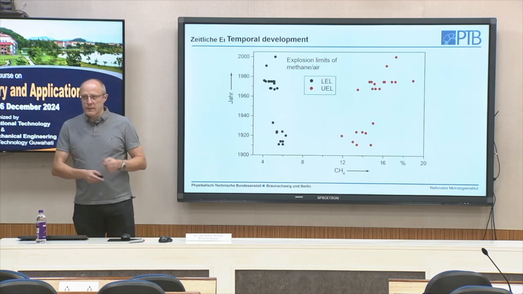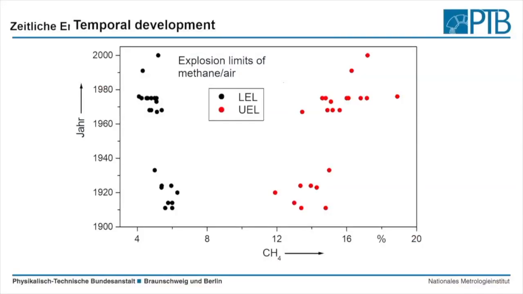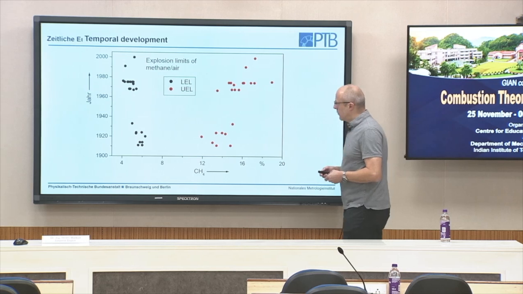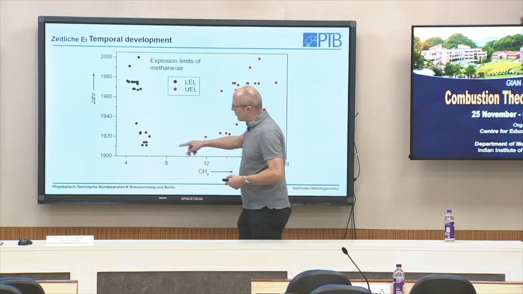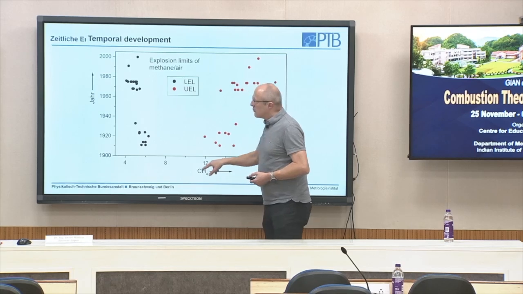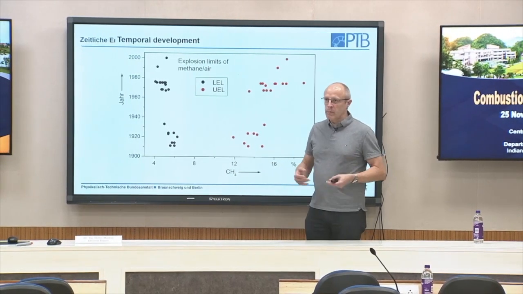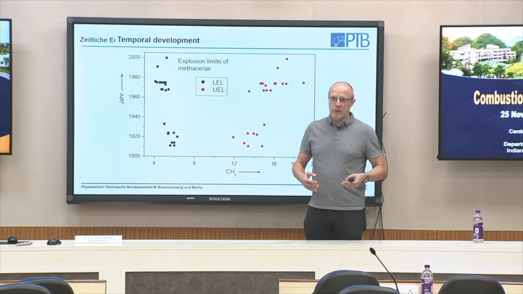As I've said, the method is an important factor. It depends on the method you use, and of course this plot is not a scientific plot, so the methane flammability limits do not change with time.